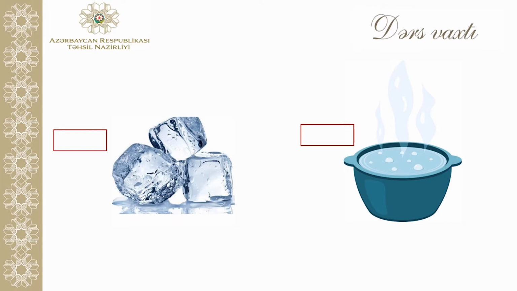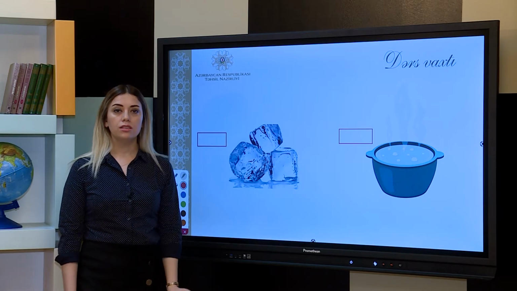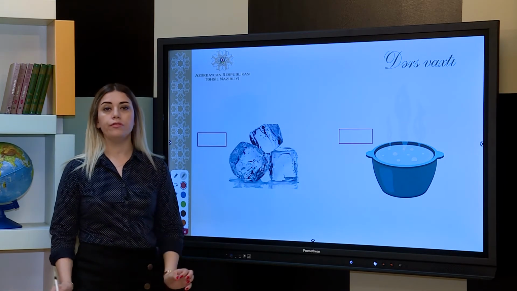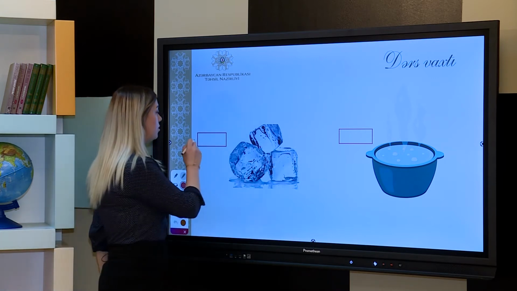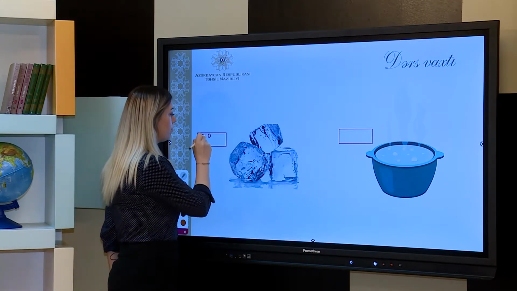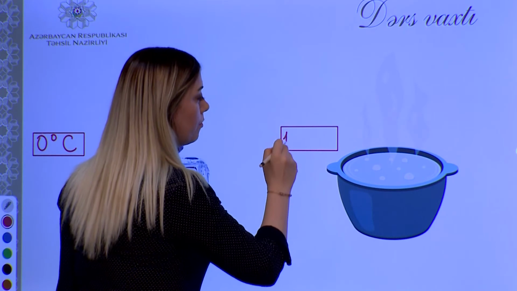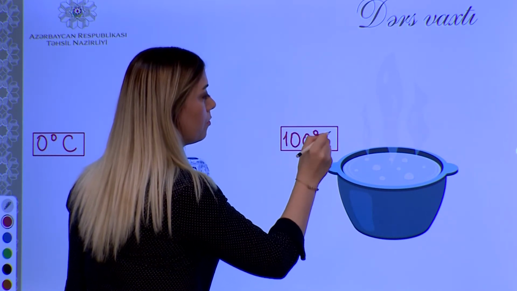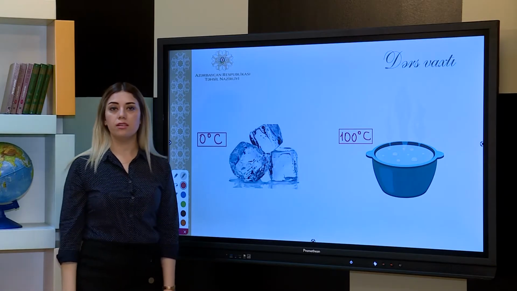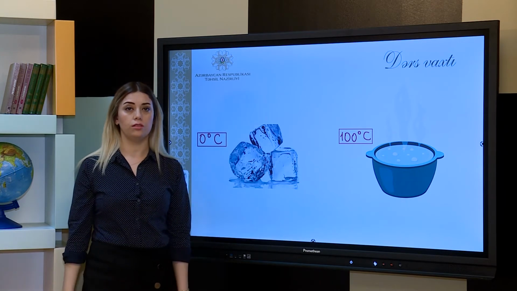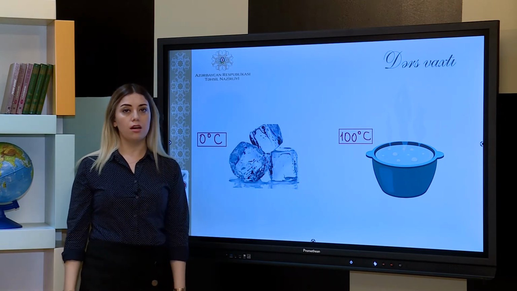Today we are going to talk about temperature. The temperature of the weather or of the water can be 0 degrees Celsius or 100 degrees Celsius. When it's 0 degrees Celsius, it is too cold. The water becomes ice.